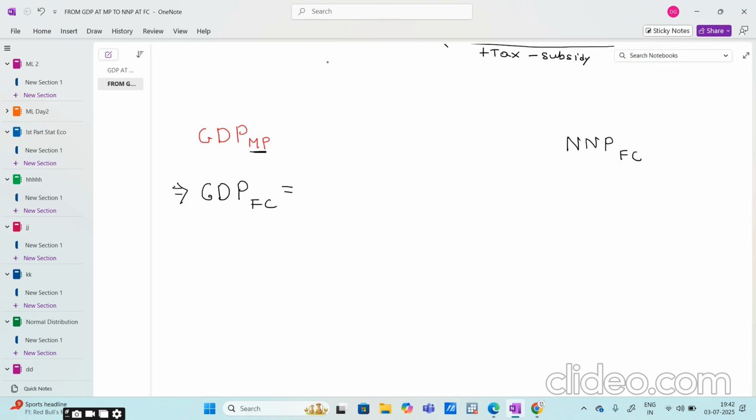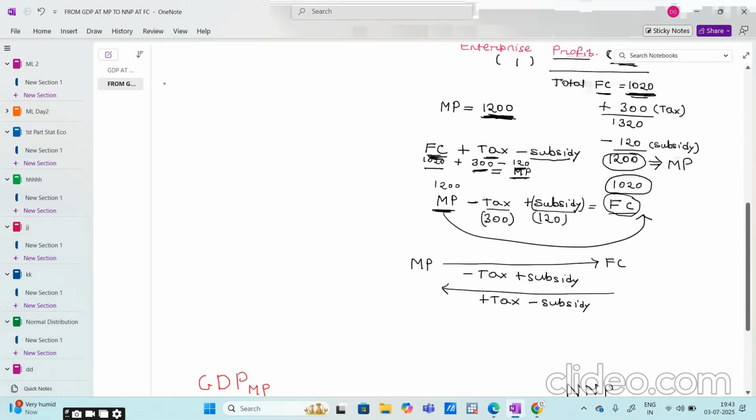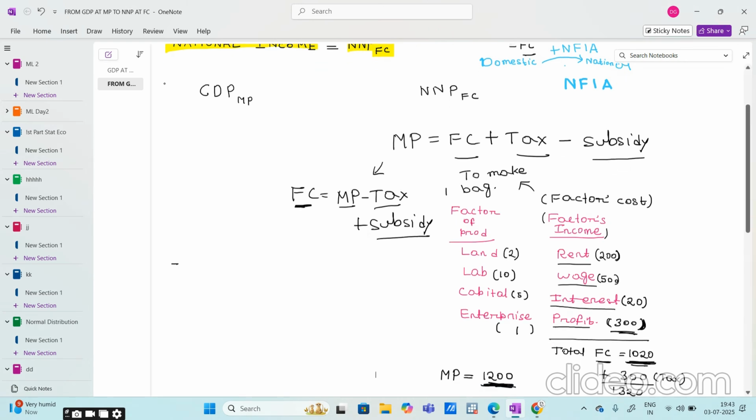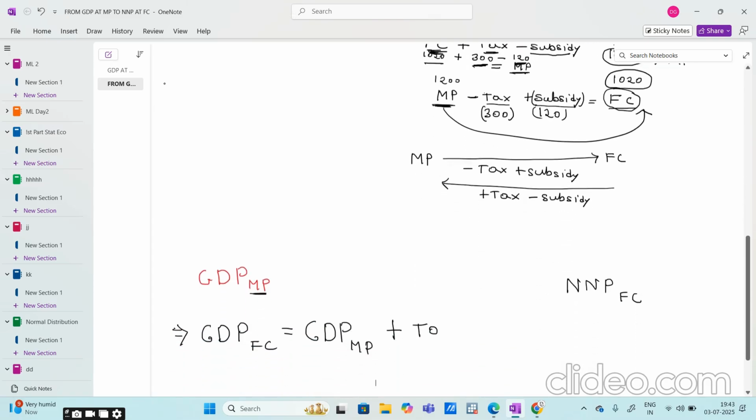For finding out factor cost from the market price, we already know what we should do. We have to add tax, sorry, subsidy. Let me just show you once again so that you can remember this. Look what we have done here. As I have told you, to go from market price to factor cost, we have to subtract the tax and add subsidy. So we want GDP at factor cost, right?